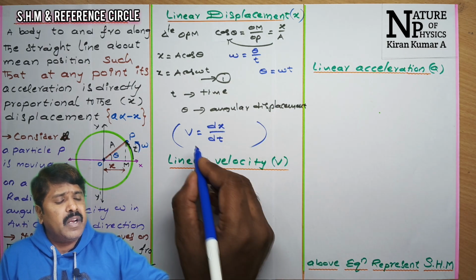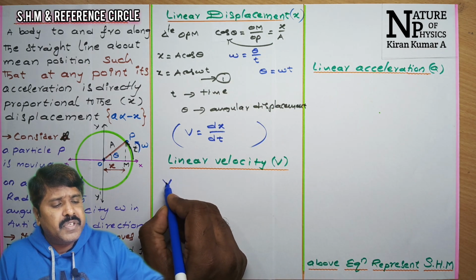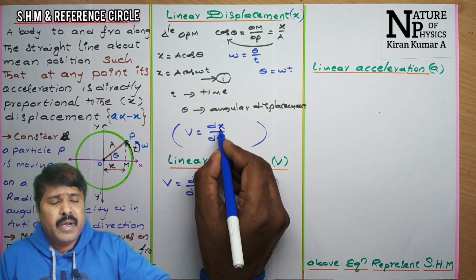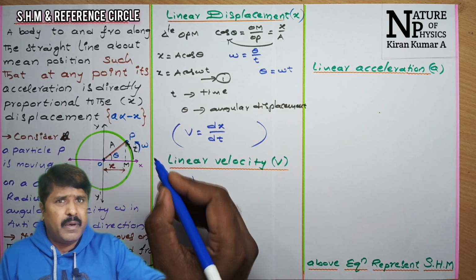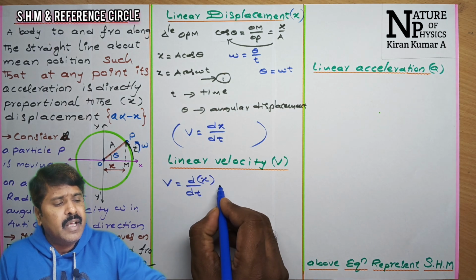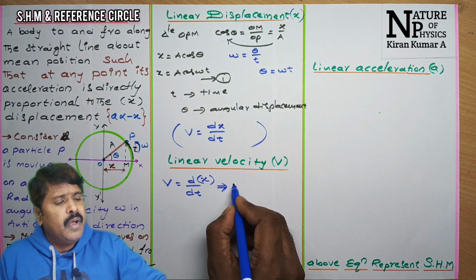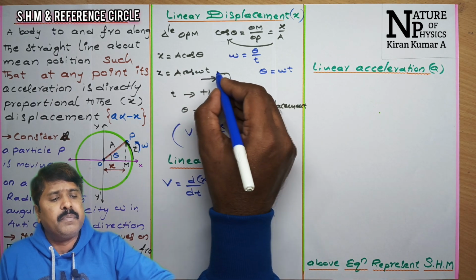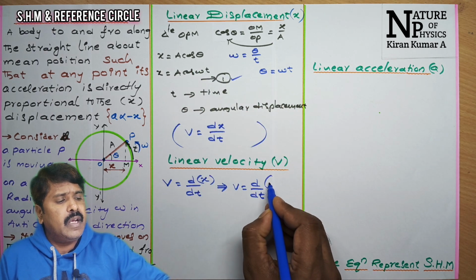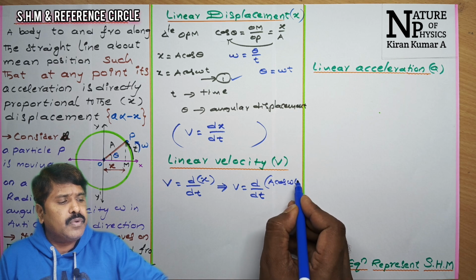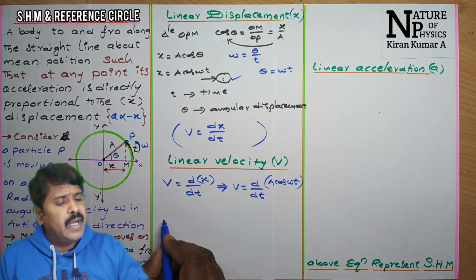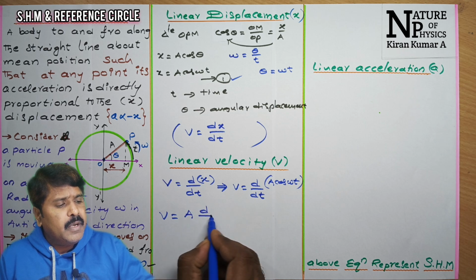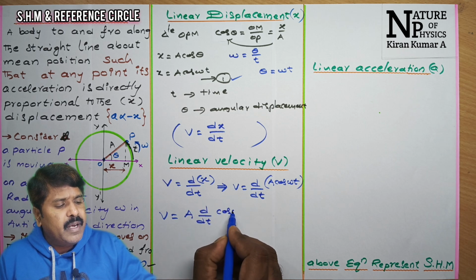So the linear velocity basic equation is v equal to d by dt of x. From equation 1, x is A cos omega t. So velocity v is equal to A common, d by dt of cos omega t.